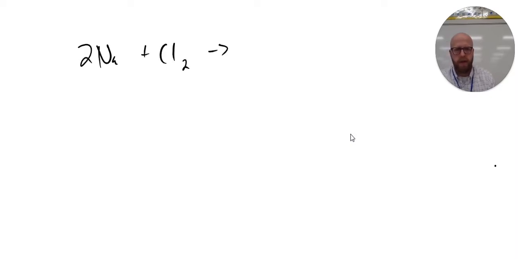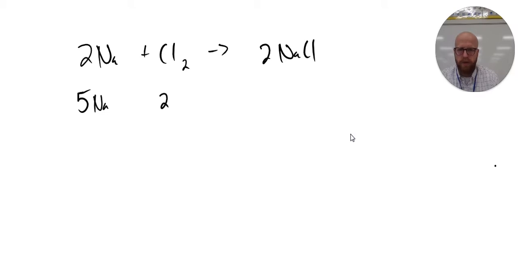All right. Let's say we're making sodium chloride from its elements. So we're synthesizing sodium chloride from sodium and chlorine. It goes together to make 2 moles of sodium chloride. And let's say I have 5 moles of Na, and I have 2 moles of chlorine.